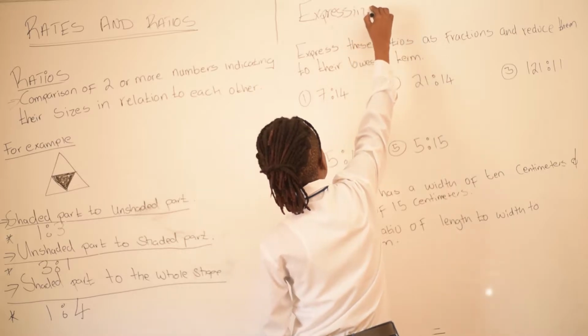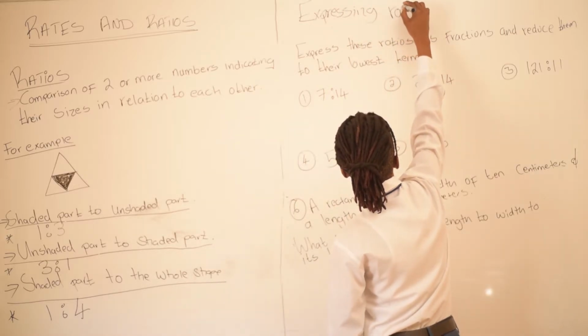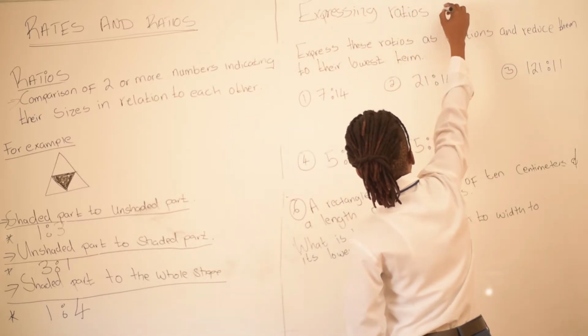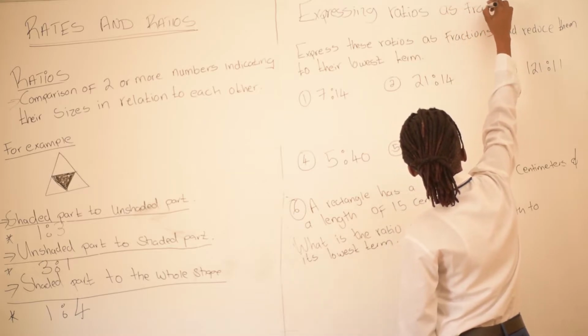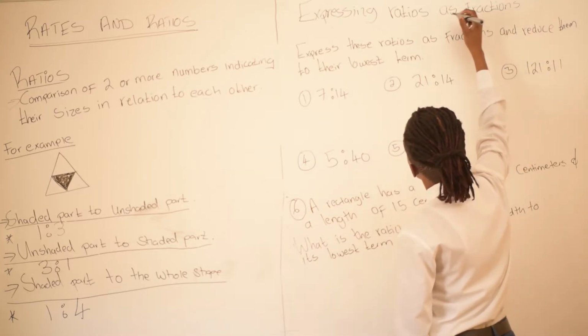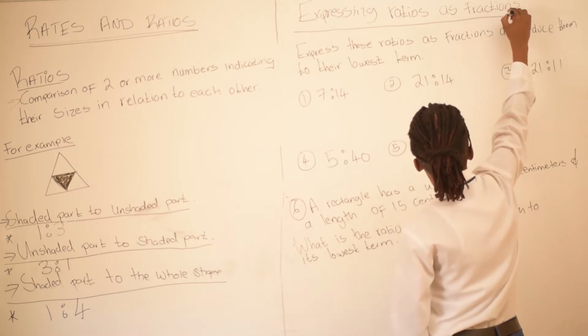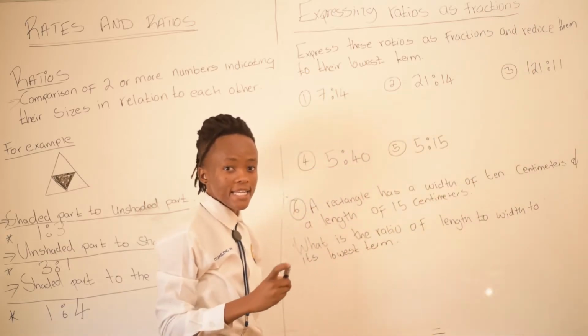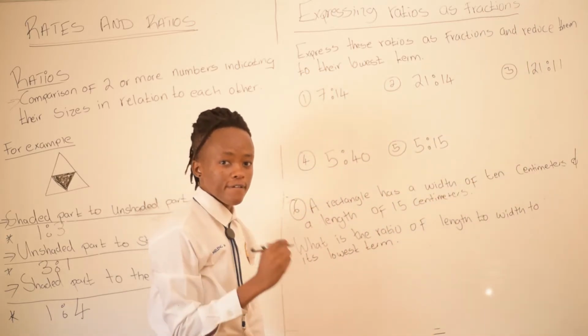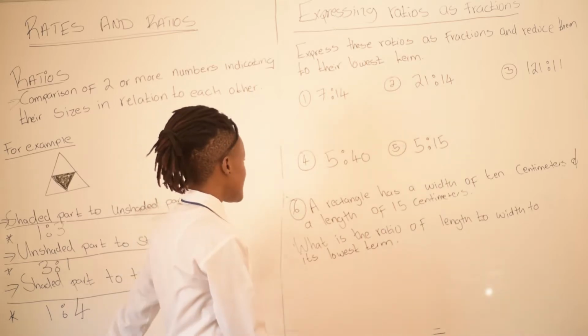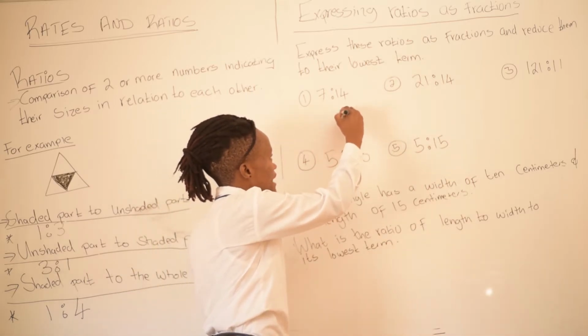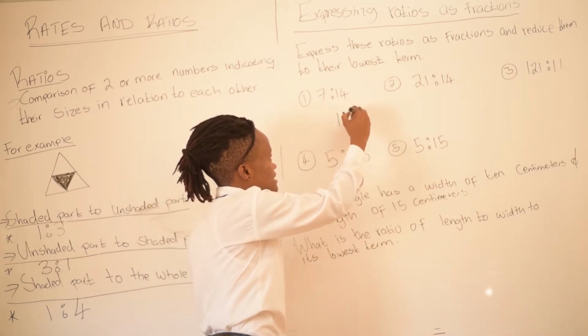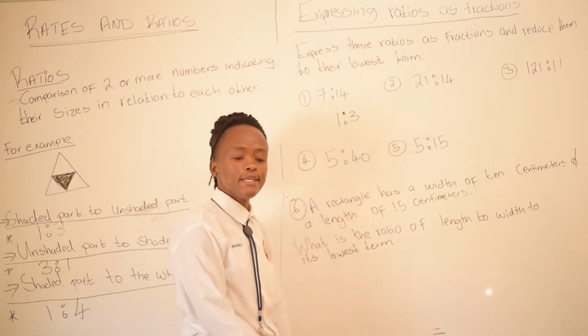Expressing ratios as fractions. Let's take the ratio that we had from the example I gave you, 1:3.